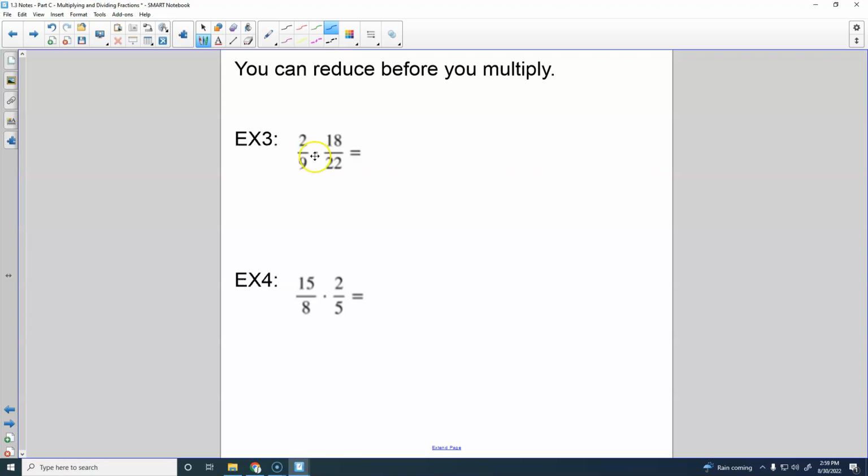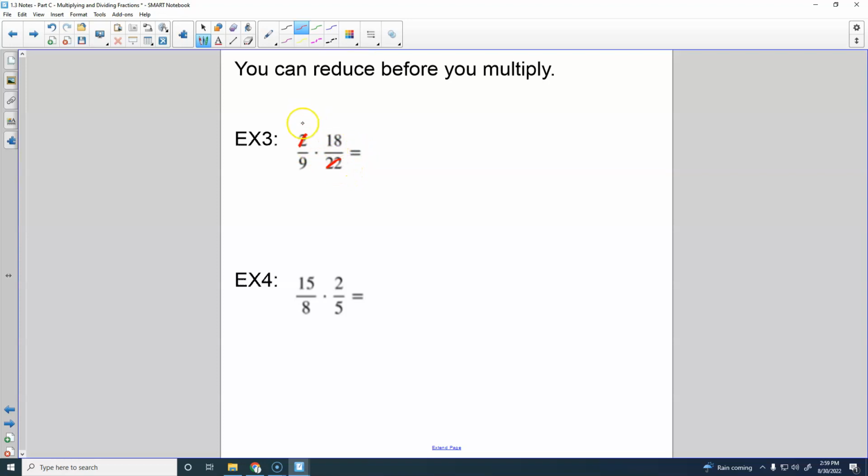So you can look at each fraction to see if they will reduce. 18 and 22 will reduce. Or you can reduce any number on the top with any number on the bottom. So, for example, 2 and 22, what can we divide both of those numbers by? 2 and 22 are both divisible by 2.